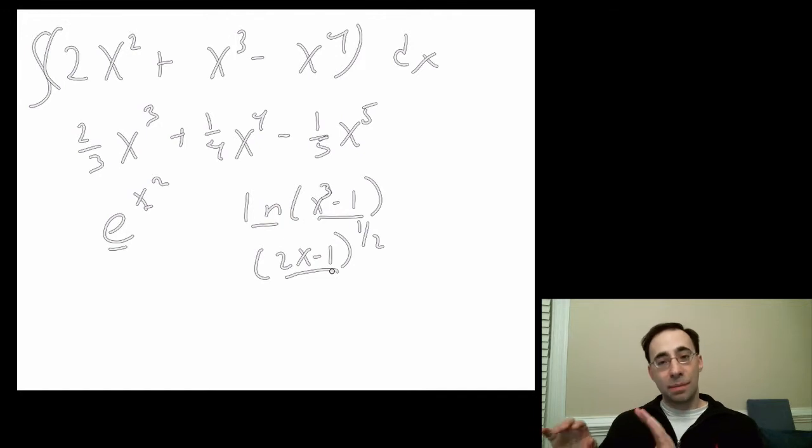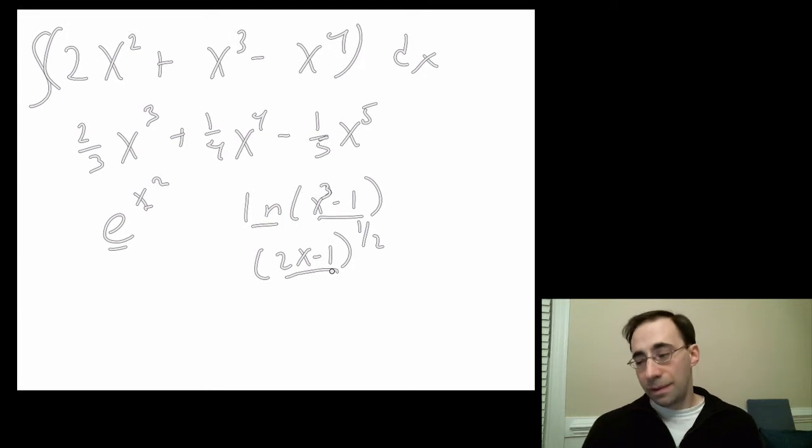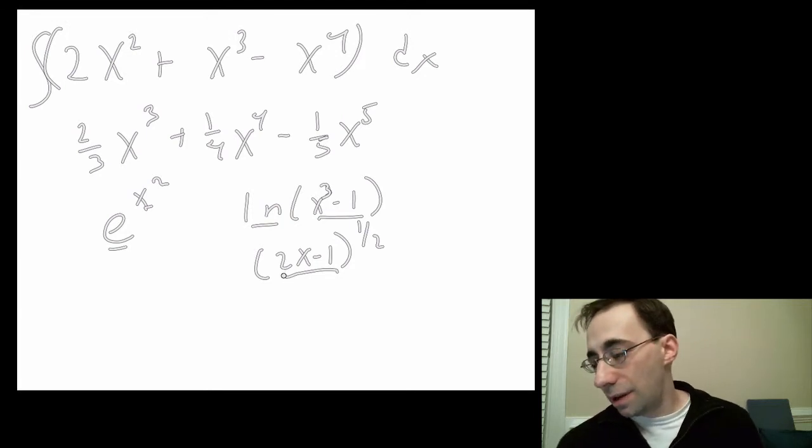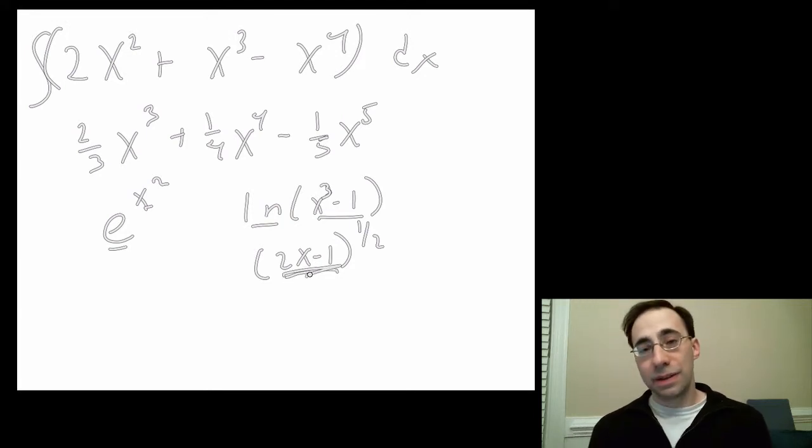When you have a composite function in your integral, what you should naturally think of first is, can I use substitution? Substitution is a very delicate one, and it only works, as we saw in the previous module, when the derivative of the inner function, the argument of the outer function, multiplies the outer function.